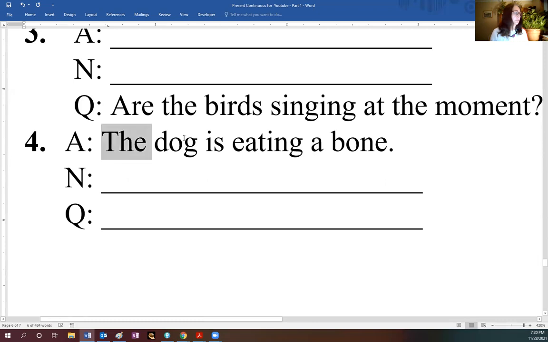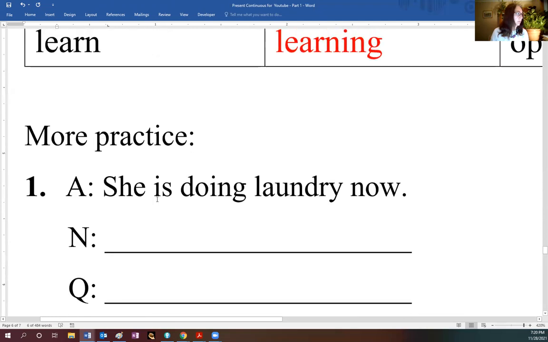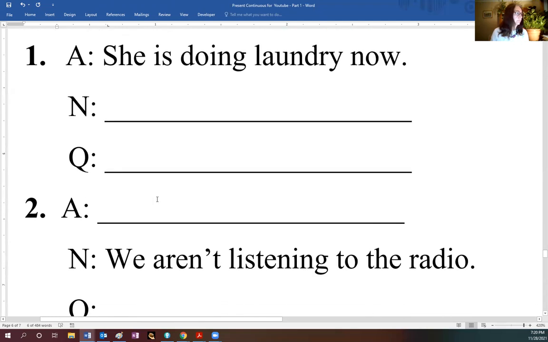You have the positive sentence or affirmative sentence, the negative, the no sentence, and the questions are missing. So please pause your video again and copy these in your notebook and try to do it on your own. Once you are done, then you can check the answer that I will give you in a second.